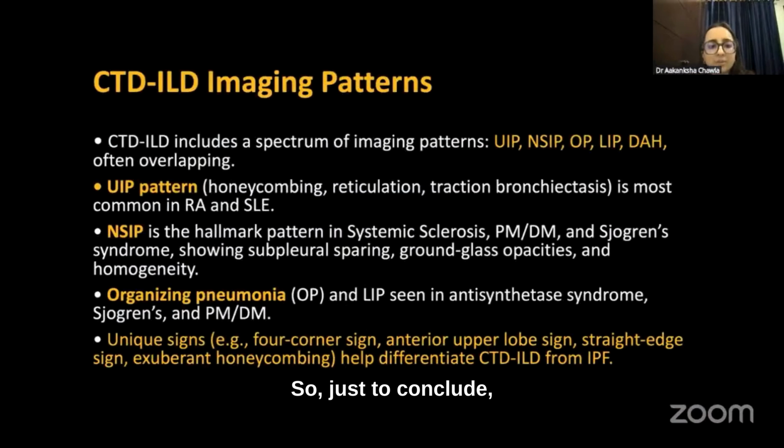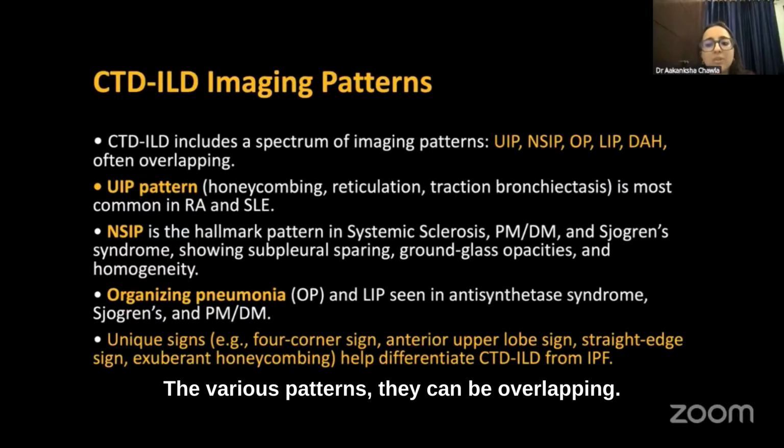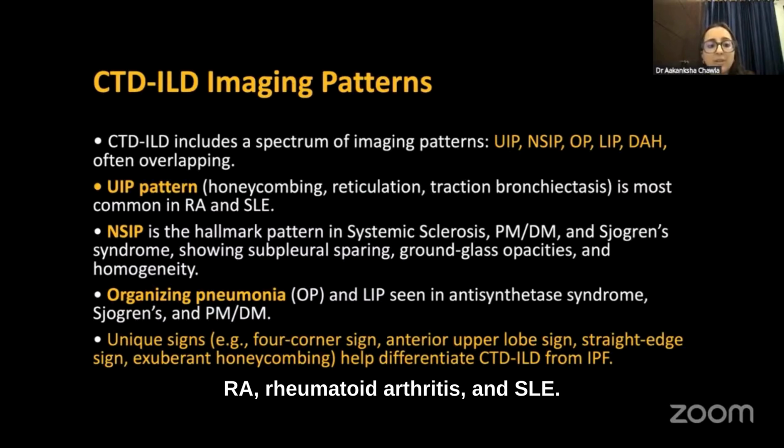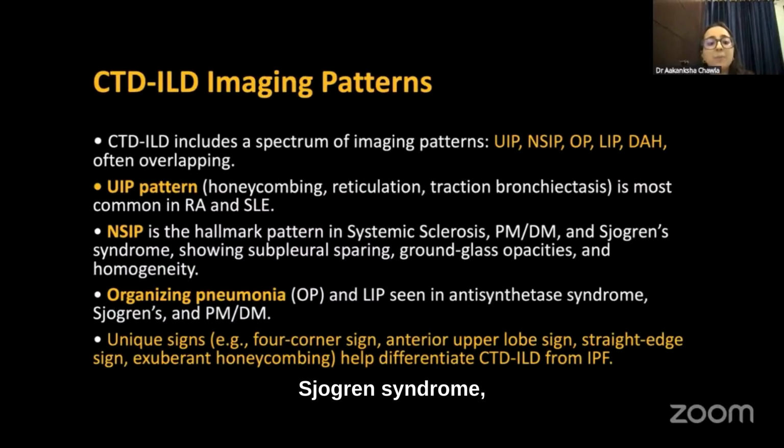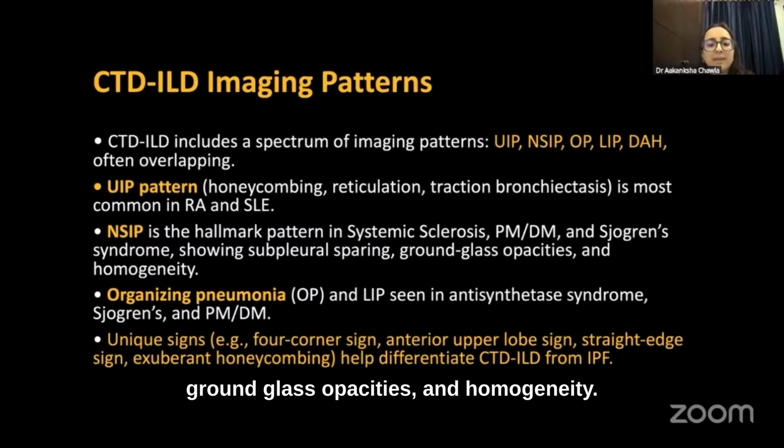So, just to conclude, connective tissue disease ILD has a spectrum of imaging patterns, which we've talked about. The various patterns can be overlapping. UIP pattern is most common in RA, rheumatoid arthritis, and SLE. NSIP is the hallmark of systemic sclerosis, also seen in polymyositis, dermatomyositis, and Sjögren syndrome, showing subpleural sparing, ground glass opacities, and homogeneity.